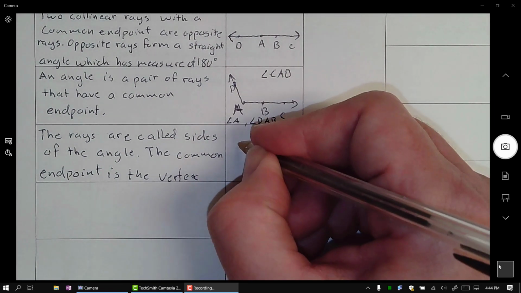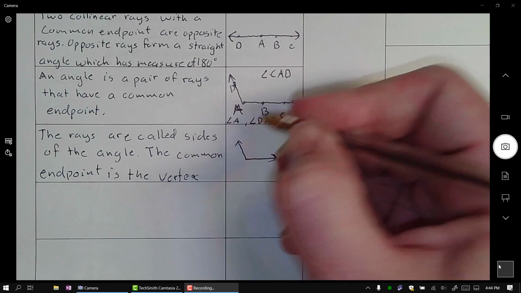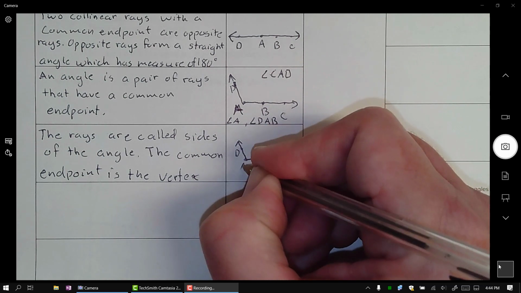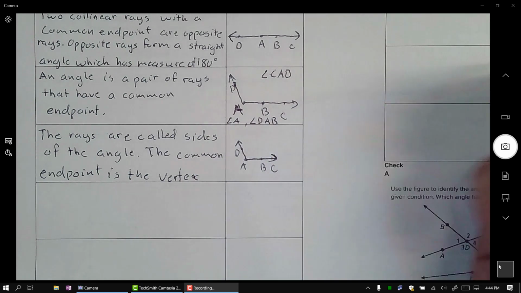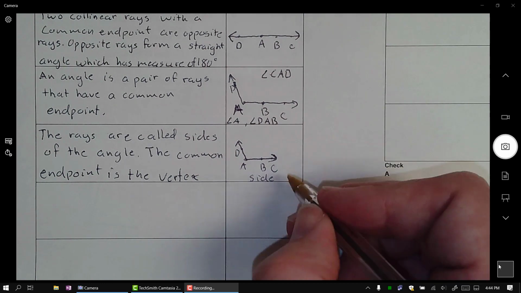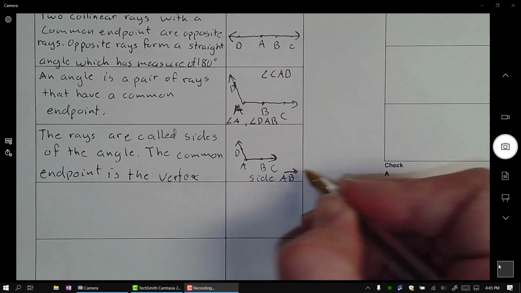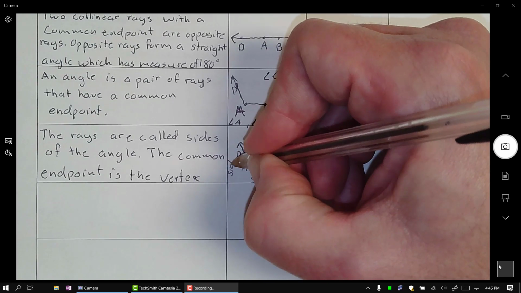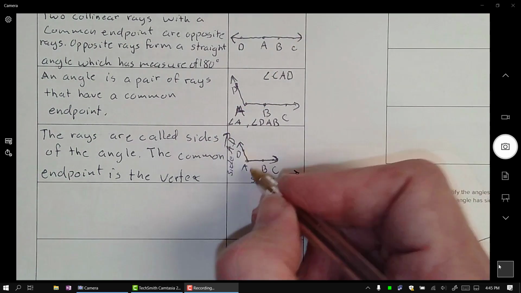So again, drawing the angle that we've had. So we have D, A, B, and C. So this would be side AB and side AD. And this is our vertex.